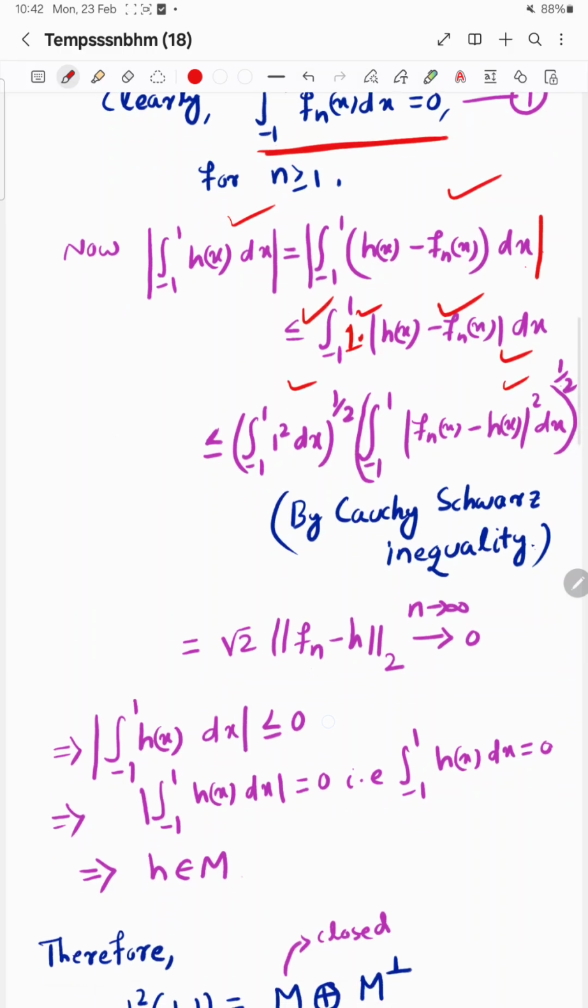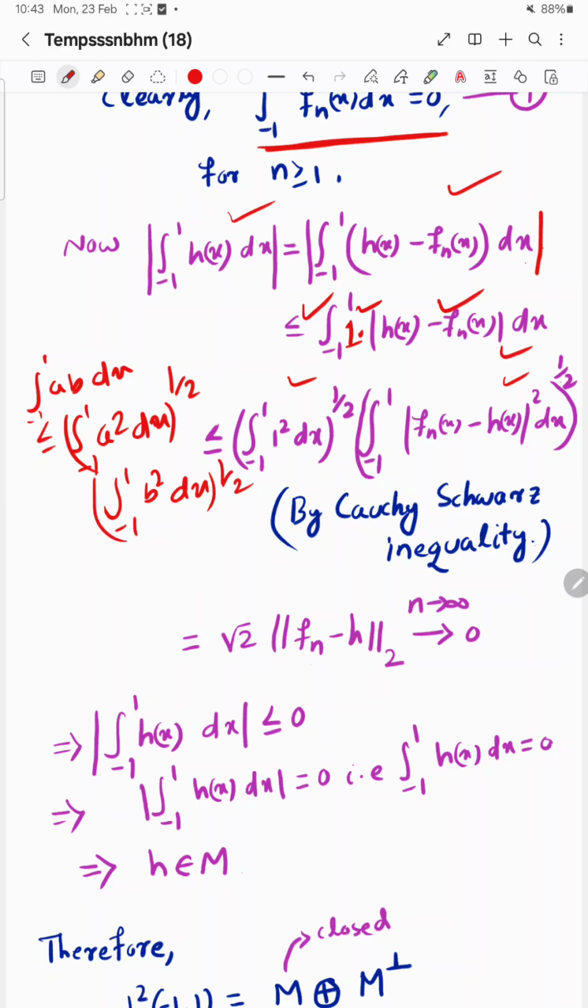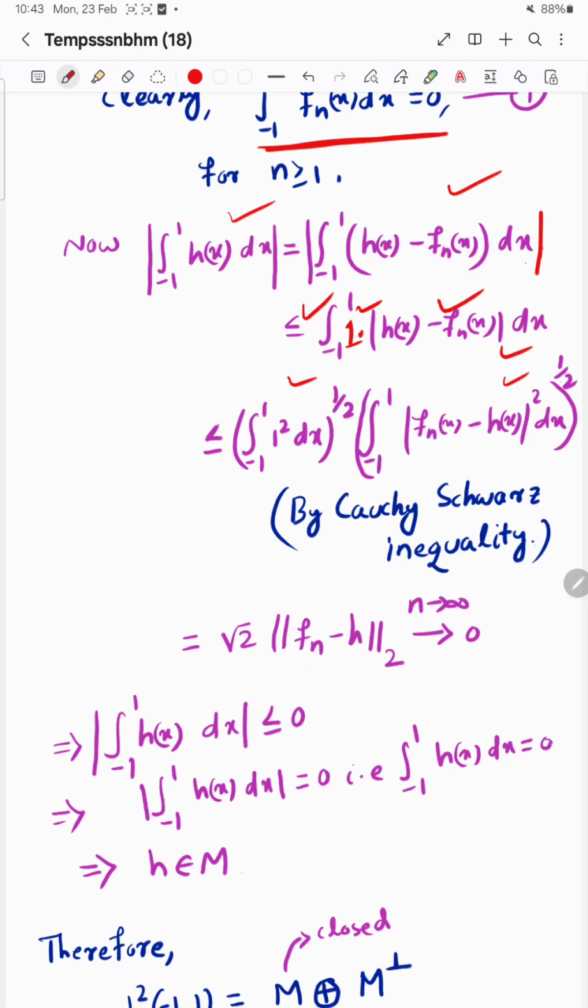The Cauchy-Schwarz inequality says that the integration of ab dx is less than or equal to the integration over -1 to 1 of a squared dx, whole to the power 1/2, times the integration from -1 to 1 of b squared dx, whole to the power 1/2. This formula I am using here. I hope that you all are well acquainted with the Cauchy-Schwarz inequality.